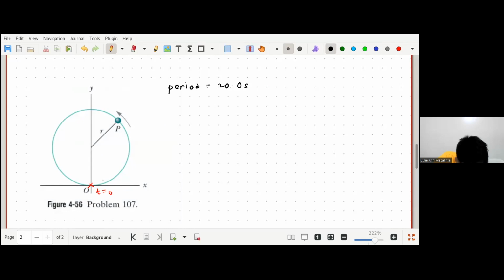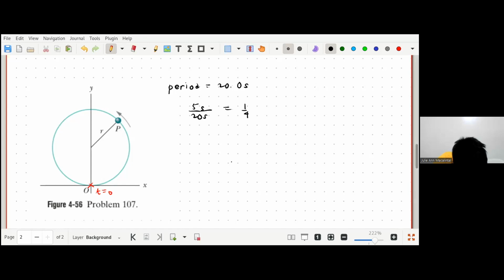So, we know na at t equals 0, it starts here and then it's going to move forward. Ngayon, tingnan natin. Ang 5/20, so 5 seconds over 20 seconds, but that's going to be 1/4.